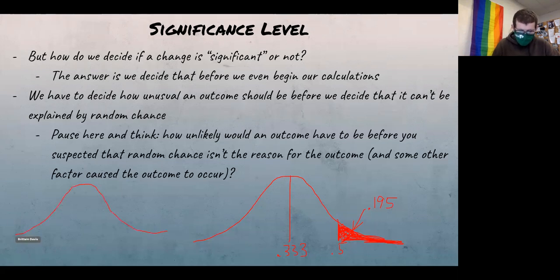Just put a visual on this. Here's your 50-50 chance, and we decided that's not significant because 50-50 is a toss-up. And maybe way over here, this small little area moving off to the right, maybe that's your 1 in a million chance.